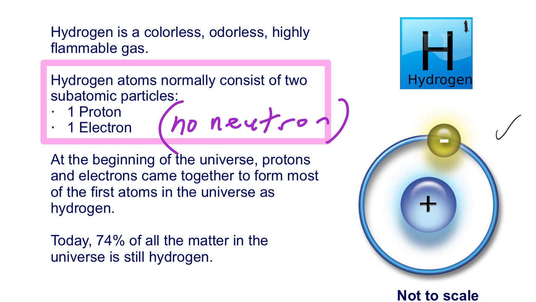Now, I said that there's no neutron. There could be. The neutron number doesn't change the identity of the element. So there's no neutron, or could have 1 neutron, or could have 2 neutrons, or 3 neutrons even. Those forms of hydrogen exist. But we'll talk about that later.